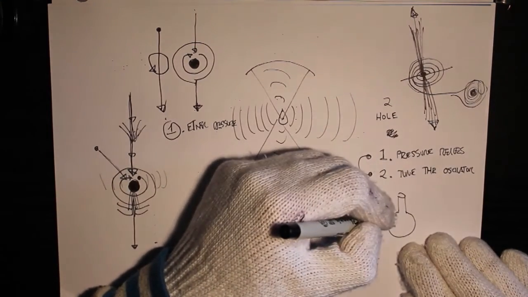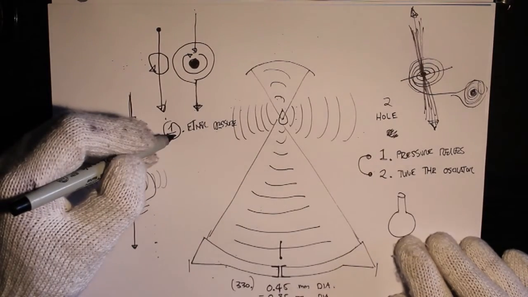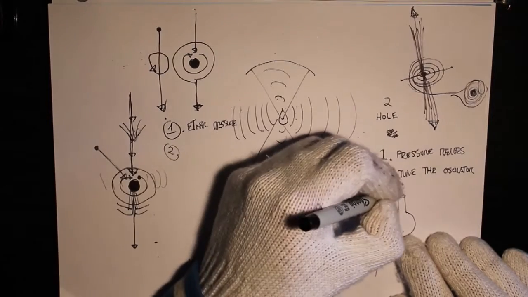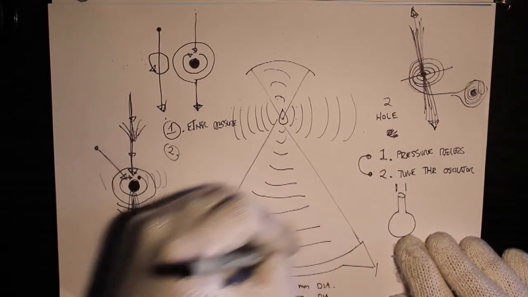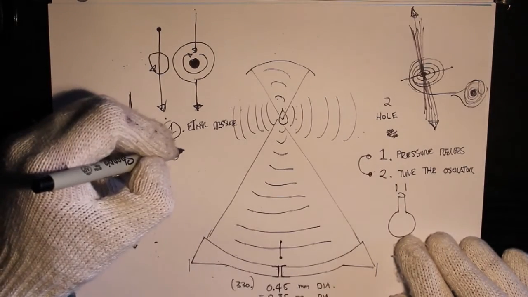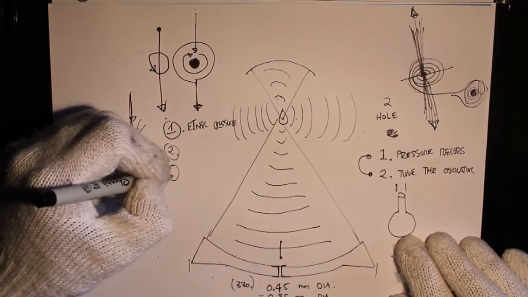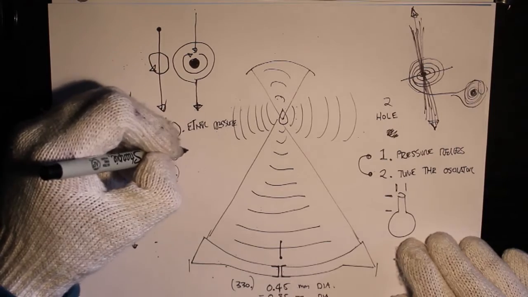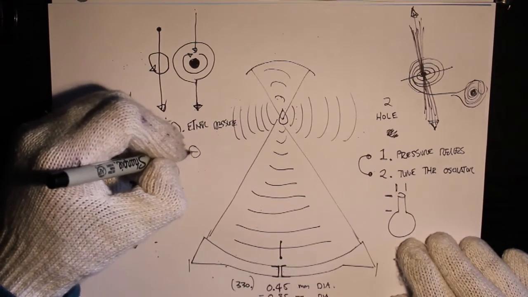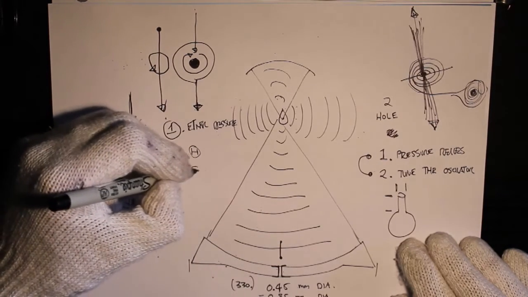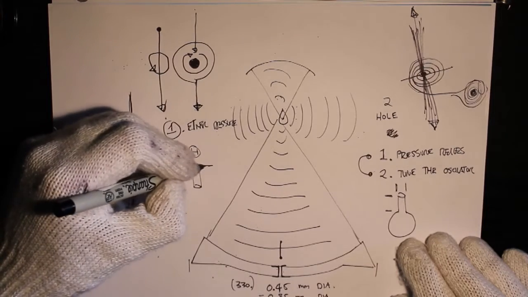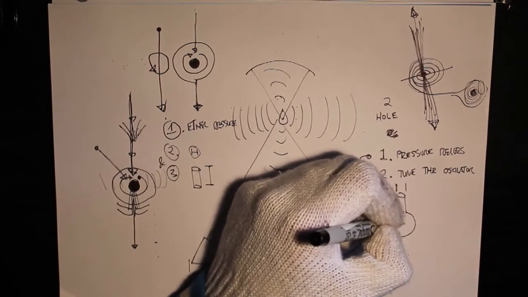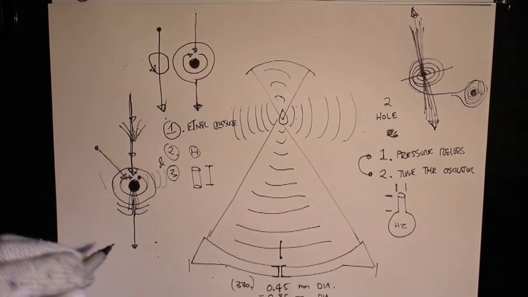The volume of the cavity, which represents the etheric pressure, the diameter of the opening, meaning the diameter of the hole, and the length of this hole change the base frequency inside the resonator.